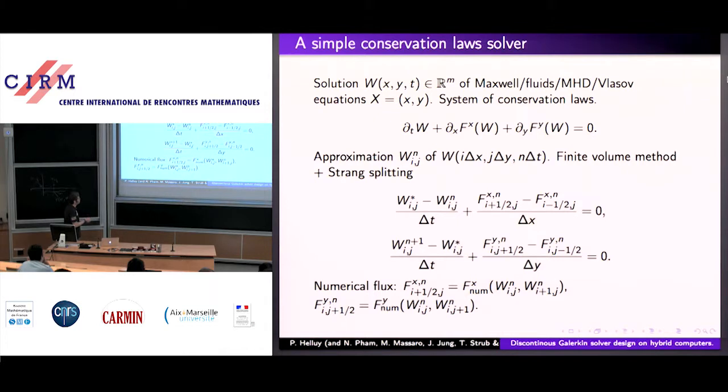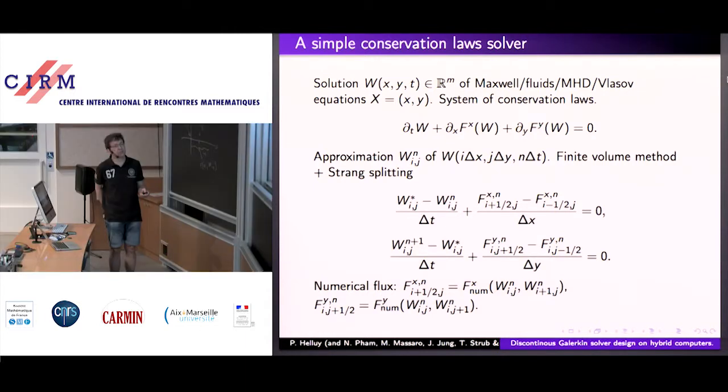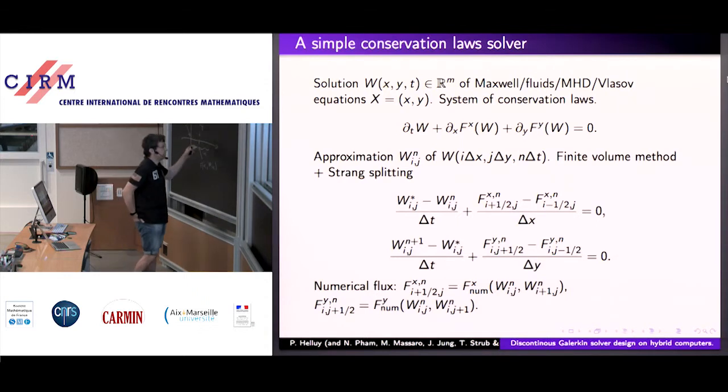So this is a numerical flux. I don't want to explain how we construct the numerical flux, but you guess that if you do not make a good choice of numerical flux, you will not have a good scheme. But I don't want to explain this here. Just remember that in the numerical flux, you have to compute sometimes very complicated expressions of what happens on the two sides at the cell boundaries.